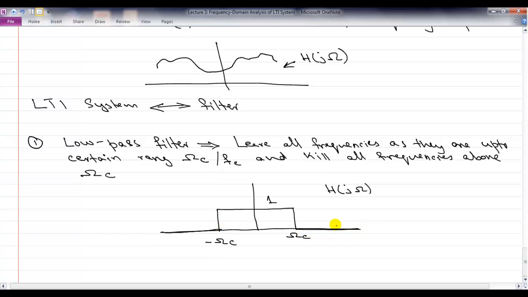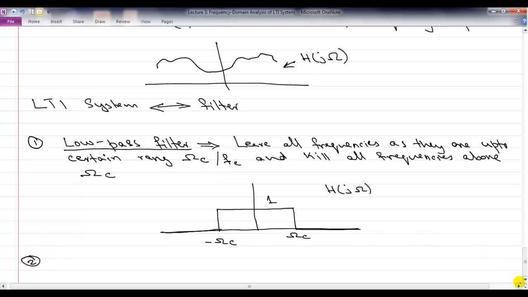So if you had a system with this frequency response, this is called a low-pass filter, basically killing all frequencies above some frequency omega c. Sometimes we also get low-pass filters which look exactly the same, but the amplitude instead of 1 is, let's say, 5 or 10. They are still called low-pass filters. You just say that they don't have unity gain, because they're keeping all the frequencies the same and killing other frequencies, and the frequencies that they are keeping, they are just amplifying them.